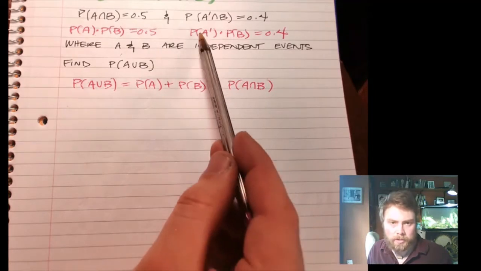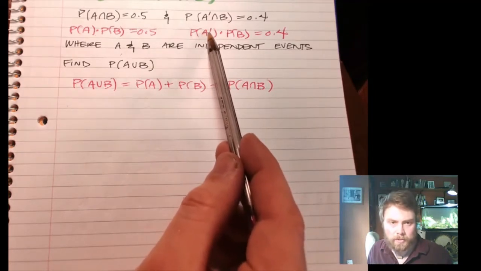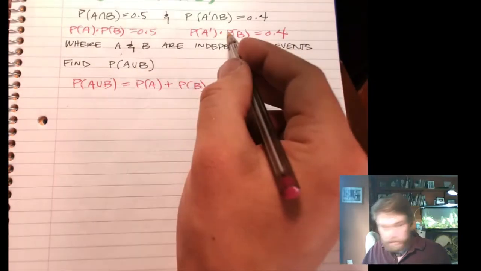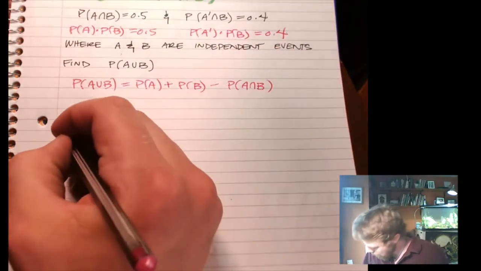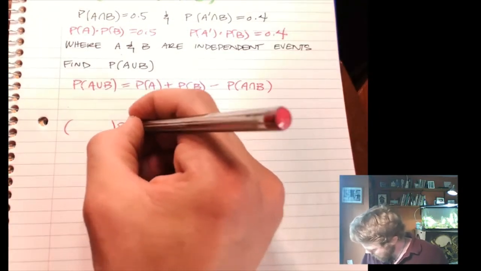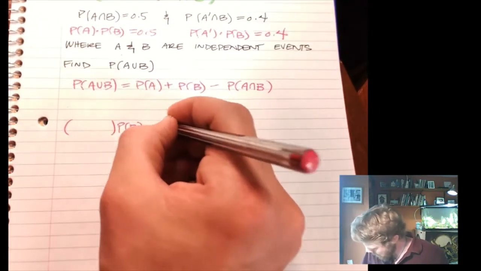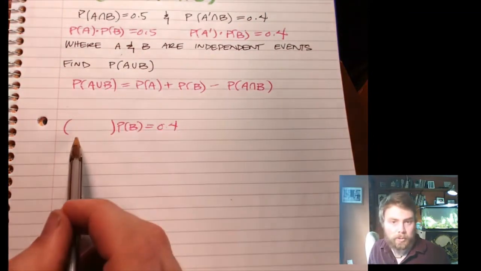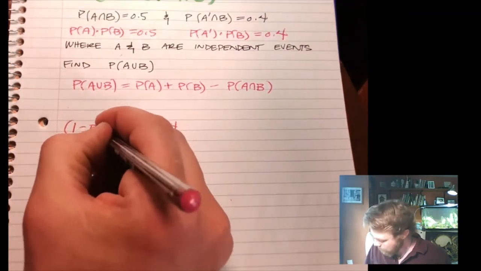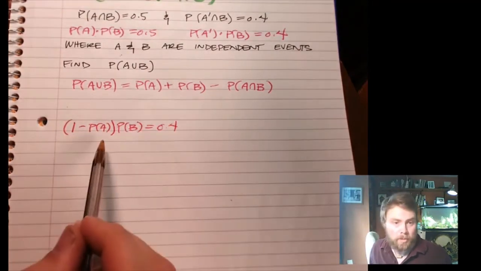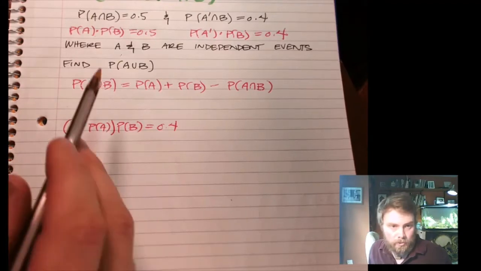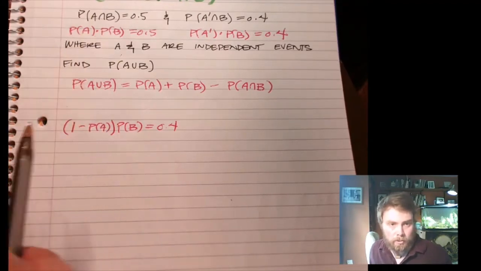There's a couple of different ways to do this. First thing I'm going to do is replace this with something else. We don't want not A in the mix here. So if I take this formula, instead of probability of not A, let's write 100% minus probability of A. That's equivalent to not A. And now if we use this one and the other one, we're in business.